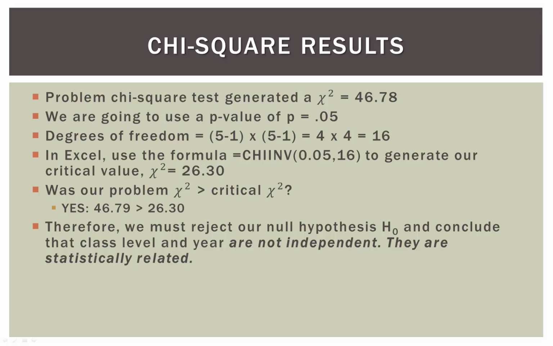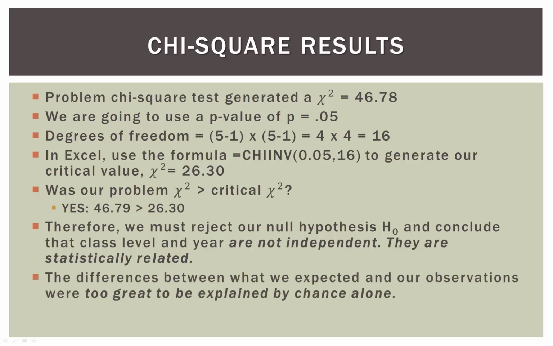They are statistically related. Now in the real world, what that actually means we'd have to do more research into, but we do know that there is some relationship between these two categorical variables. Now the difference between what we expected and our observations were too great to be explained by chance alone.